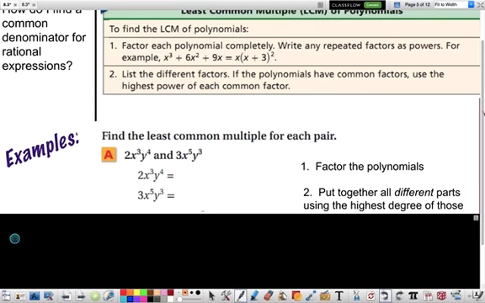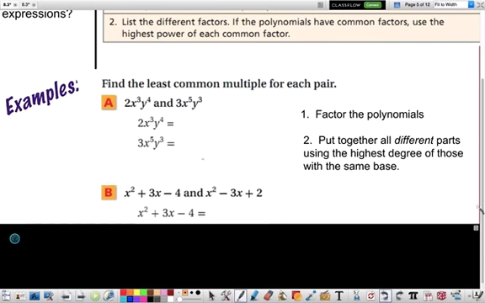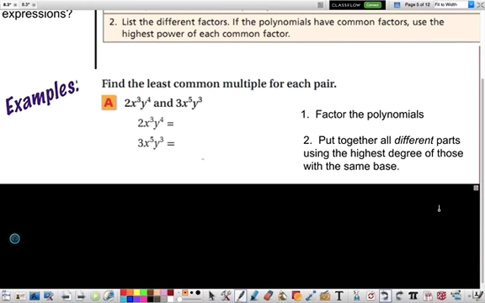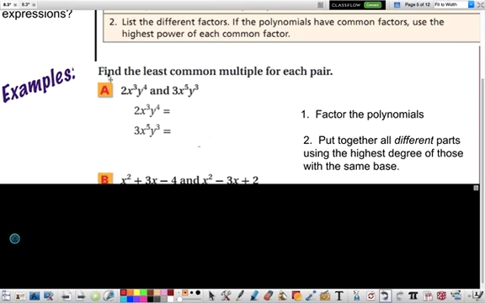You can copy this down if you want to. It's in your book. I think it's a little wordy, so I'm not going to ask you to copy it down. What you need to copy down is this information right here. The steps for how to find the least common multiple.